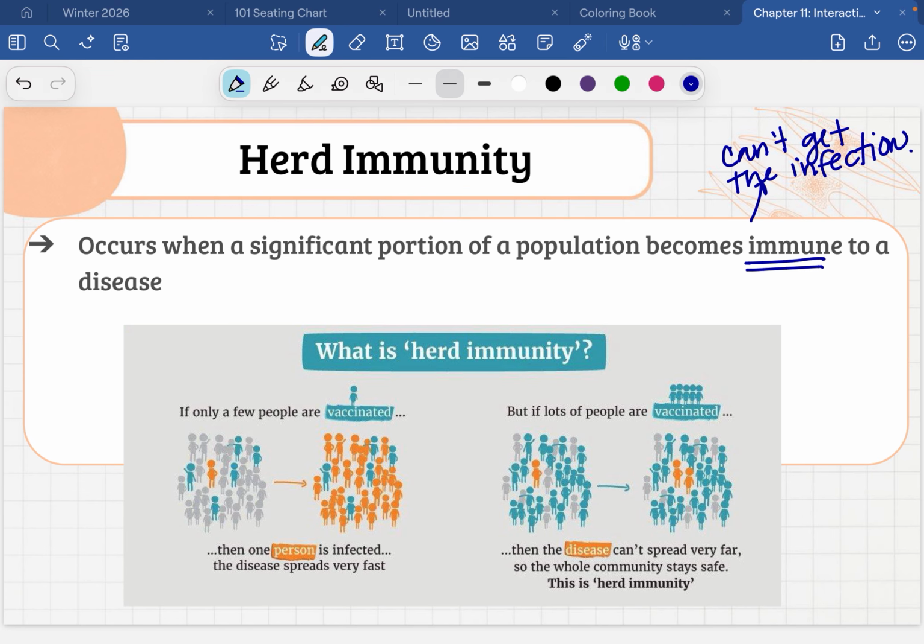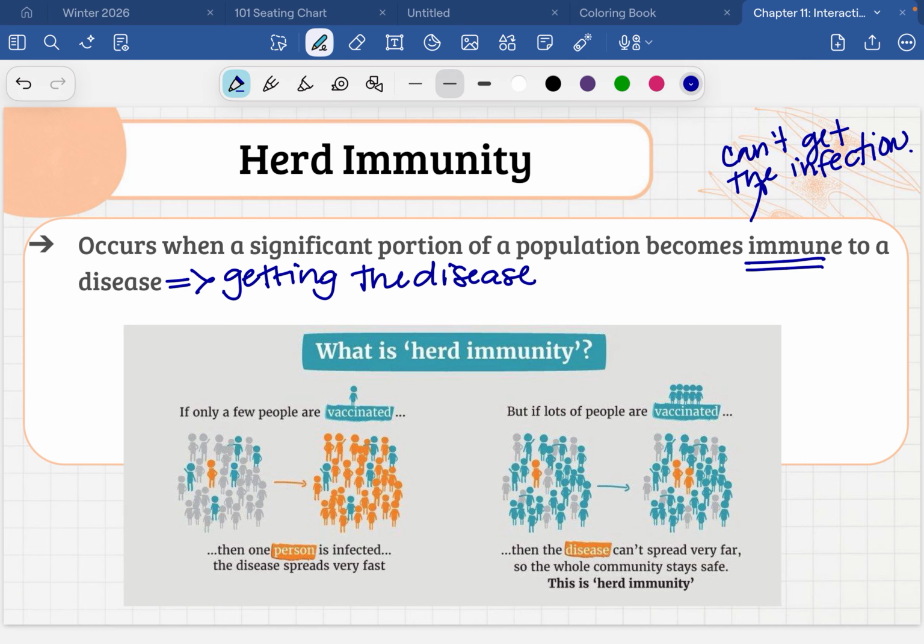Okay? And there are two major ways to become immune to a disease. The first one is by getting the disease in the first place. When you get sick, your body creates these defenses so that you do not get sick again.